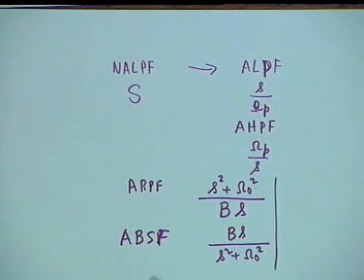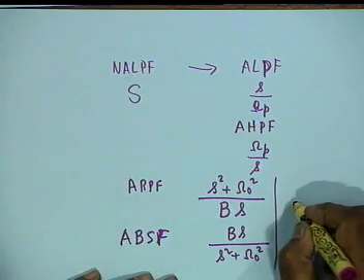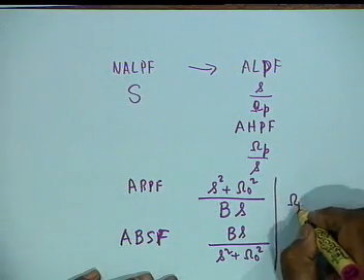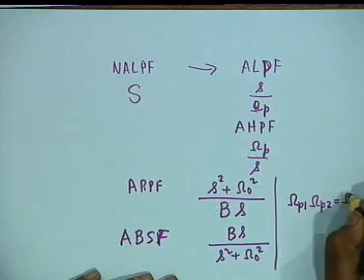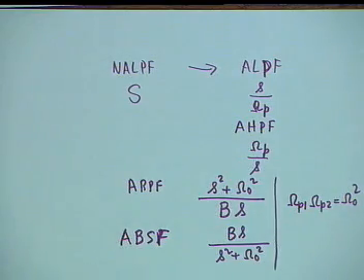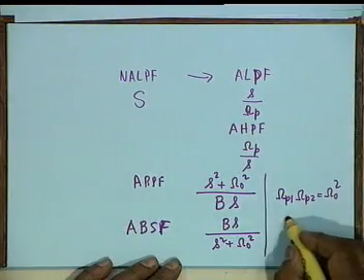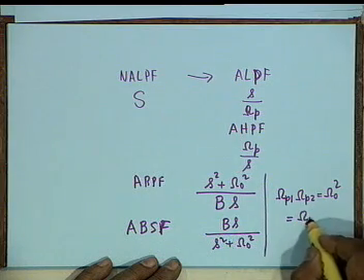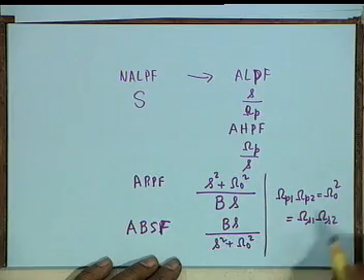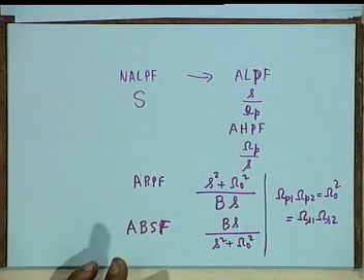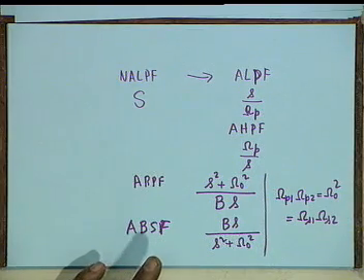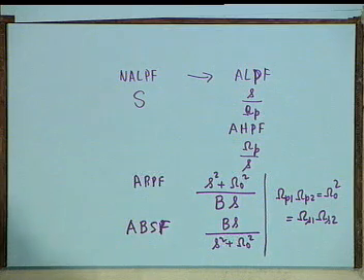The specs may not ensure this, so you have to ensure that omega P1 times omega P2, which is by definition omega naught squared, should be equal to omega S1 times omega S2. If it does not happen, then either increase omega S2 or decrease omega S1.